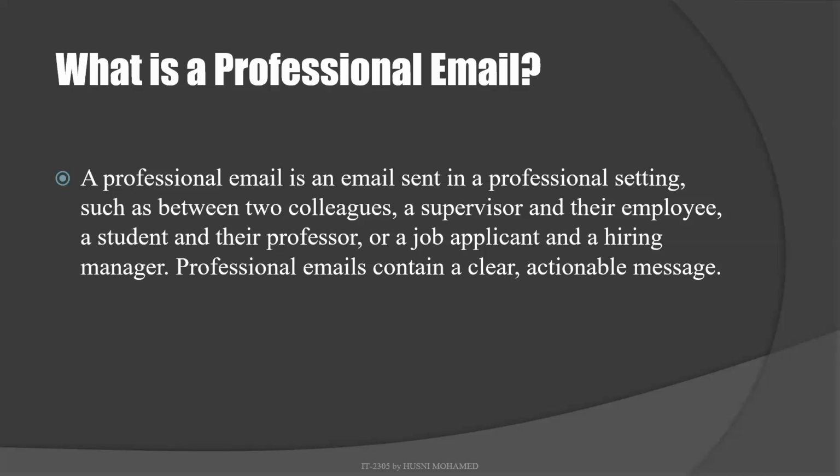I mean the supervisor is supervising that employee. So the employee may be requesting something from the supervisor, or else the employee is providing something which was requested from that employee. When a supervisor requests something and the employee provides it by email, that is a professional email.